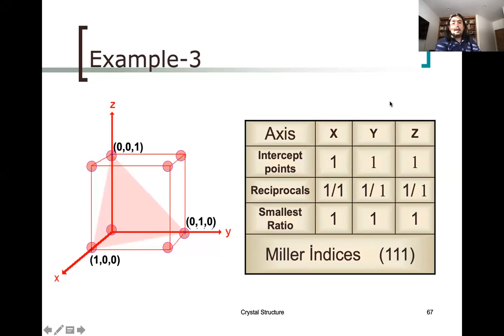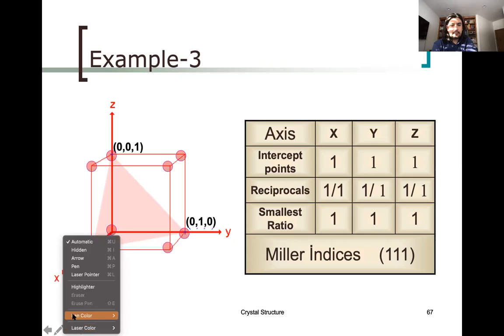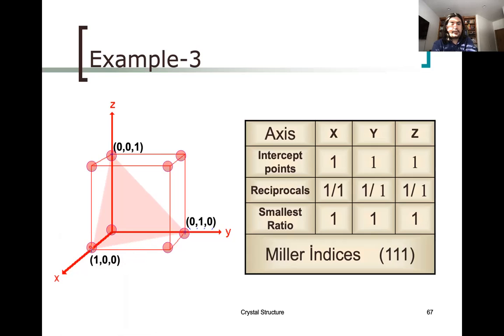All right, so this is the Miller Index. I was going to take you back to the slides for the Miller Index, and you can see my pointer, right? In this case, the 111 is the plane that passes through this cubic unit cell.